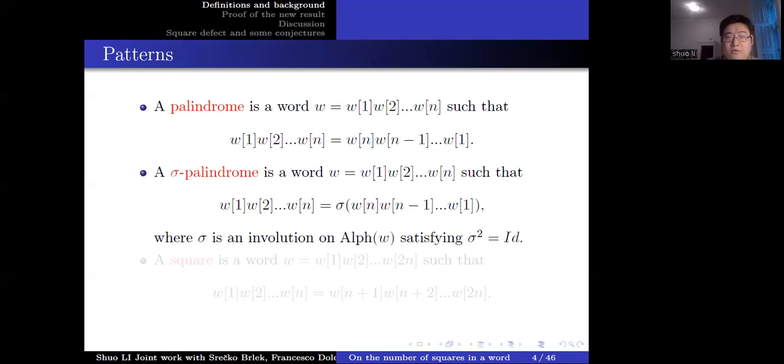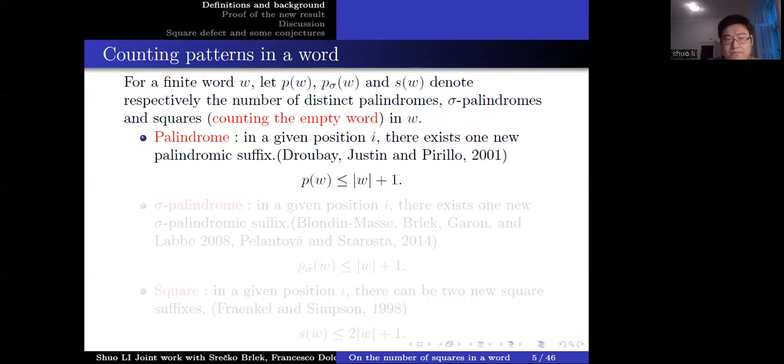By sigma palindrome, we mean a word which equals its reverse under some map sigma, where sigma is an involution on the alphabet of W, satisfying the condition that sigma squared equals identity. By square, I mean a word that we can cut into two equal parts, which means its first half equals its last half.